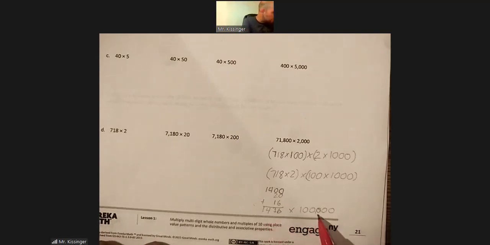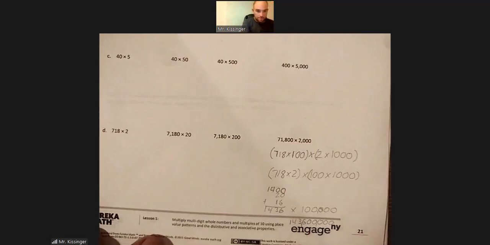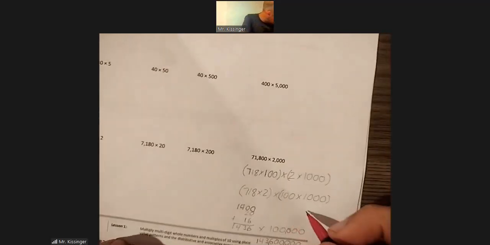We have 1, 2, 3, 4, 5 zeros we need to add. I'll write it a little bit bigger here so we can see a little better. We have 143,600,000.